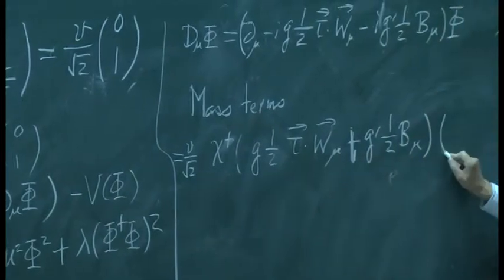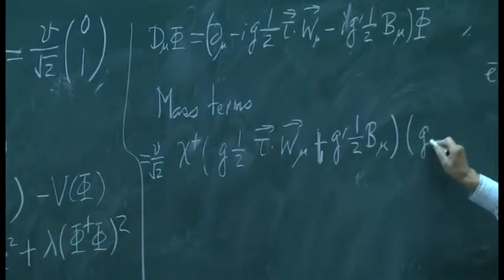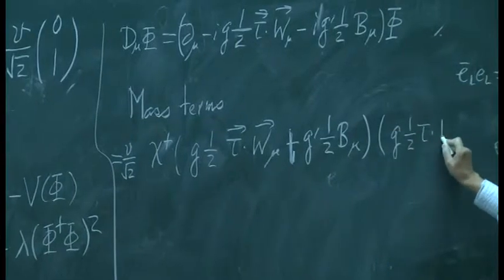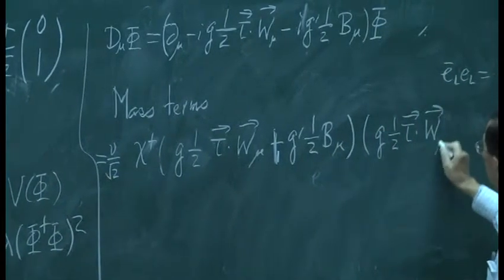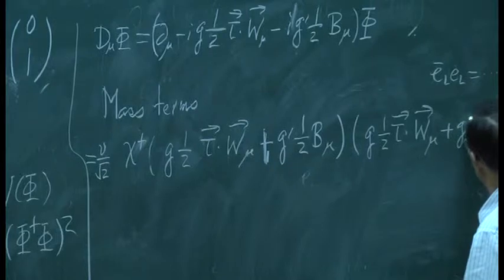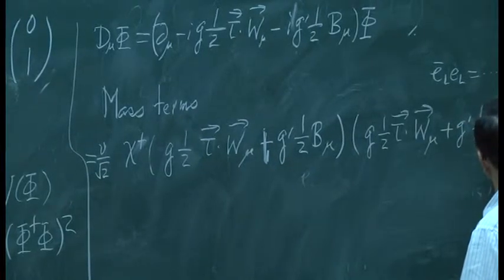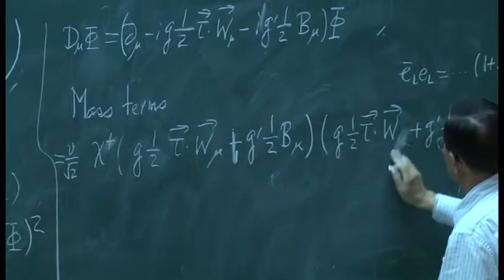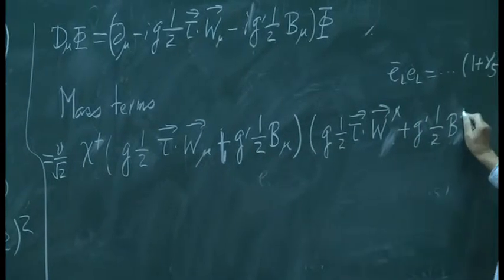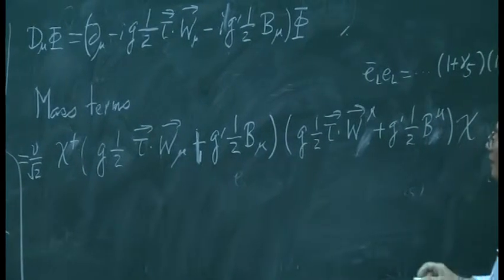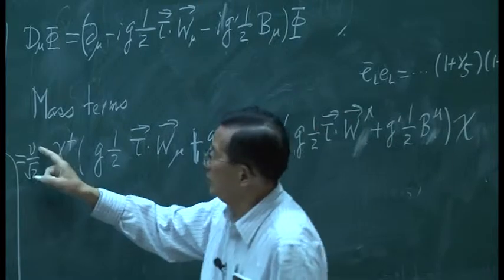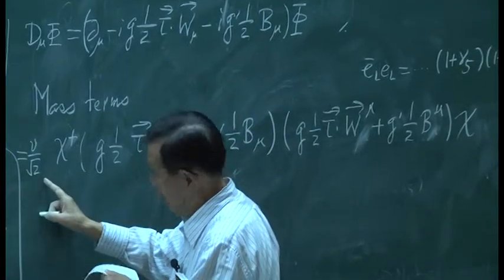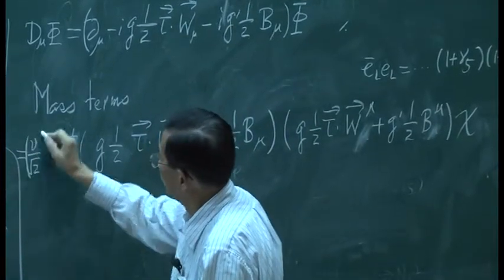And then there's another one here: g, 1/2 tau dot W_mu, plus g prime, 1/2 B_mu, and then I have chi, and then I have another v over square root of 2.